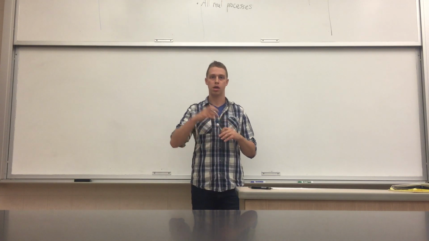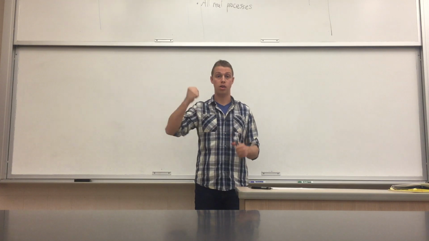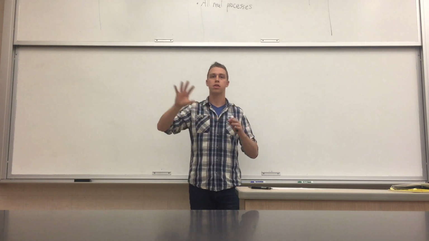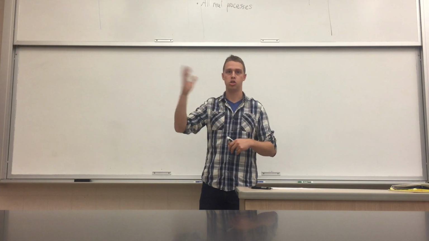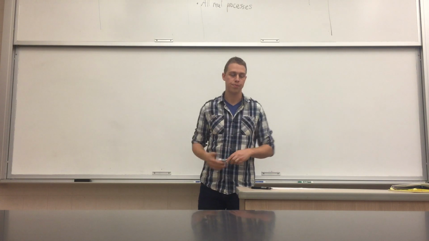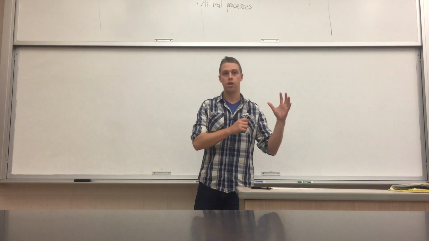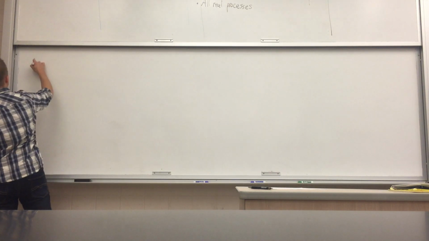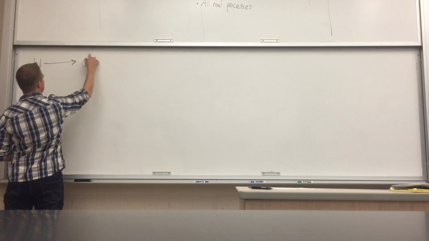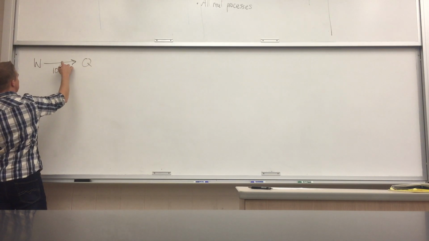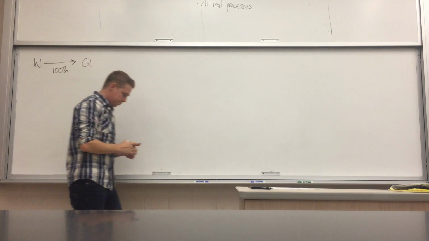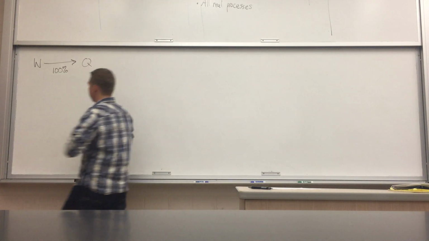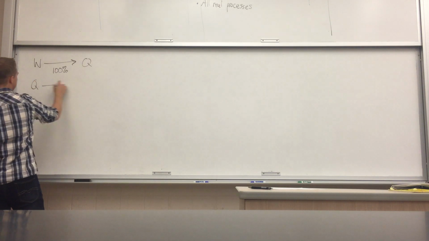Don't get confused and think I'm talking about tangible energy forms. I'm talking about flows, but we can always convert that into heat to then dump energy into our room, okay? So, work flow, we can 100% convert to heat flow. Work to heat, 100%. But heat, we cannot convert always to work.